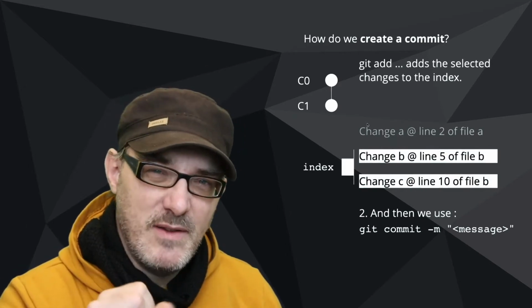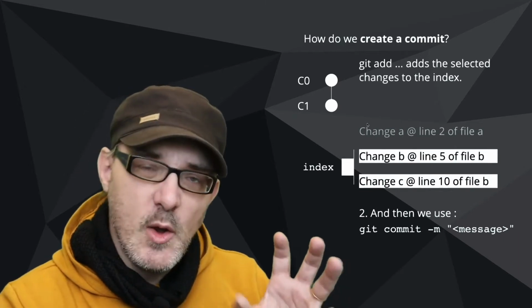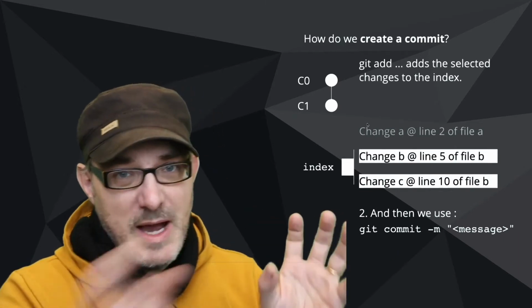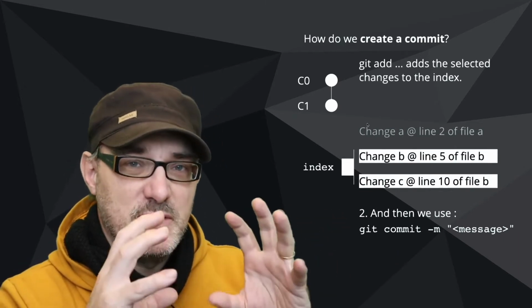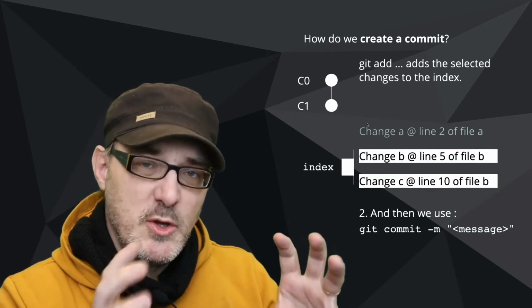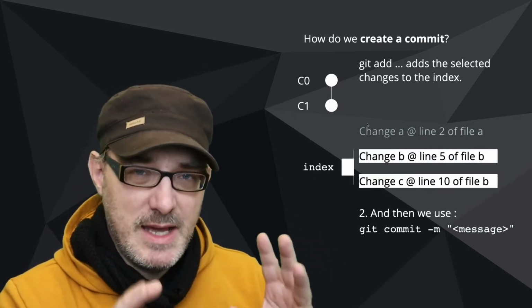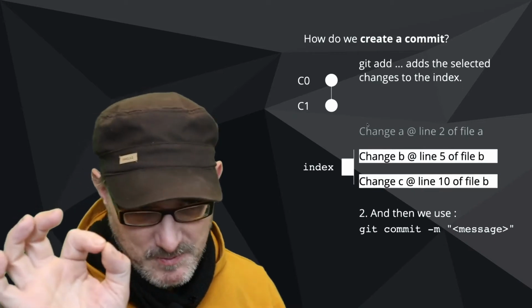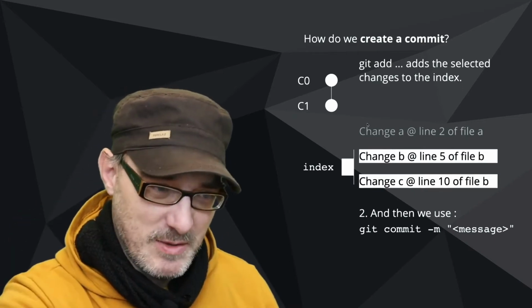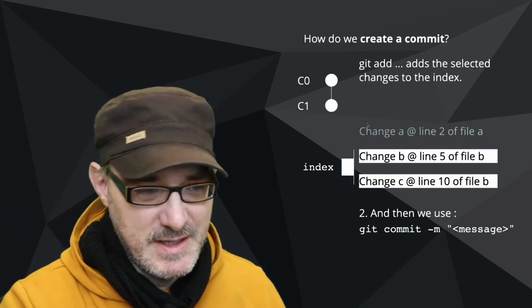And the index is kind of like a staging area where you add in and out files and changes that you intend to save. And you can actually add just one change, for example here, change B instead of change C.